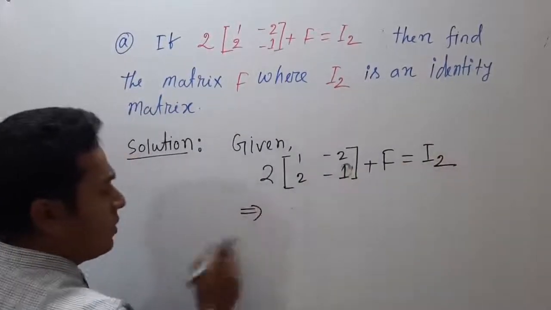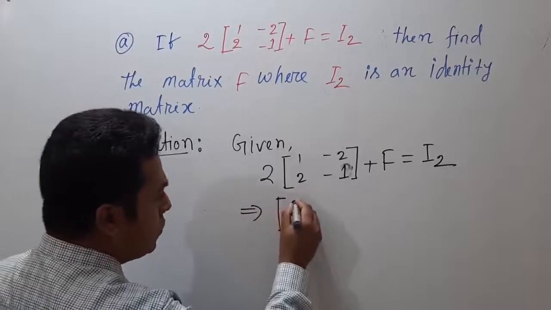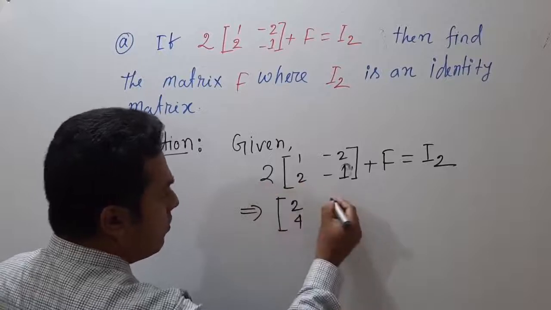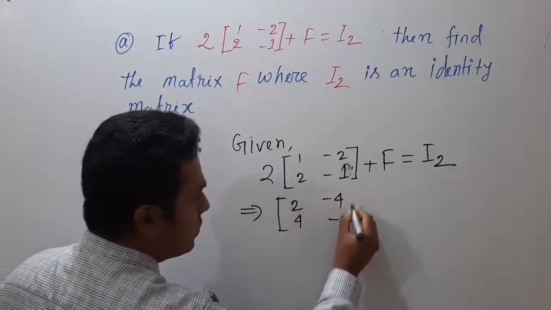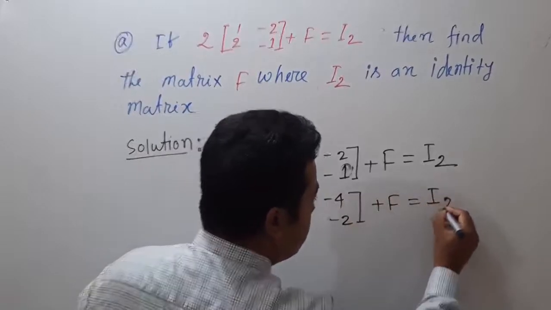Multiplication of this matrix by 2 is equal to 2, 4 minus 4, minus 2, plus F is equal to I2.